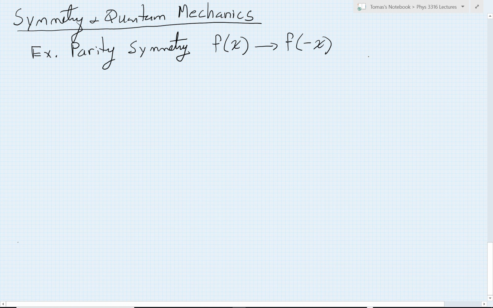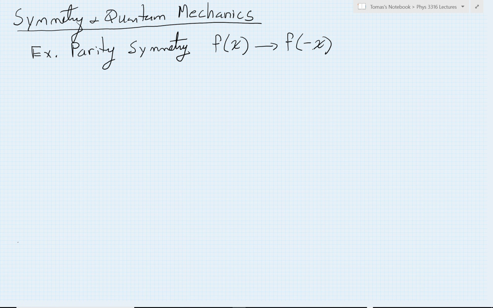X goes to minus x, looking at it, if you will, in a mirror. Or I can think of it as more of a mathematical exercise, asking myself the question, what happens if I change my choice of direction for my x-axis? Those are two very different ways of looking at this type of symmetry.